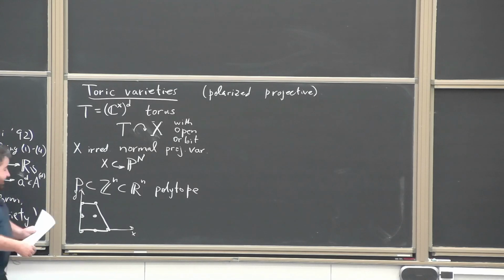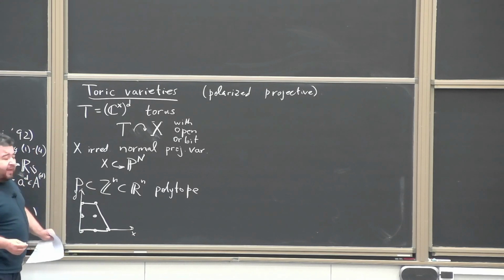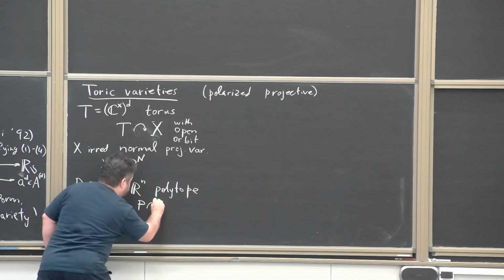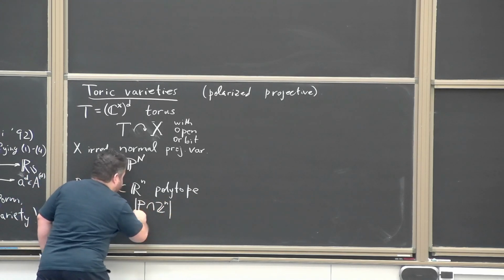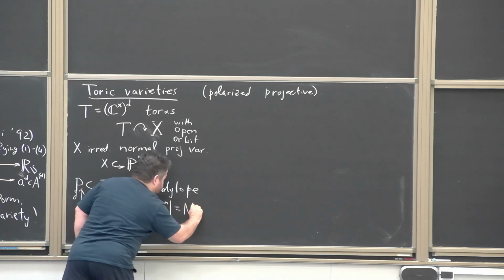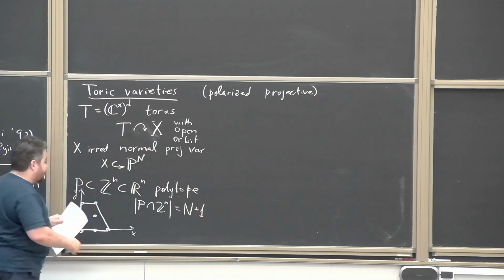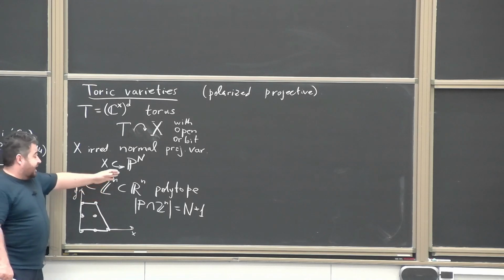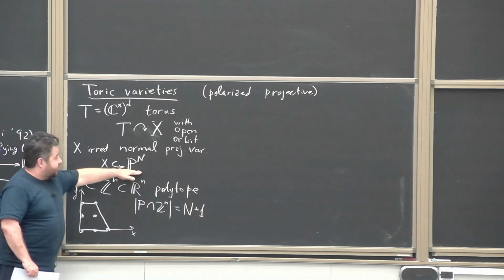How will I do that? So let me take all integer points. Well, let me denote the number of integer points by N plus 1, because I want to projectivize it and get this space.